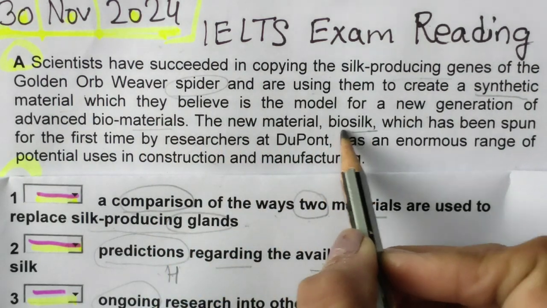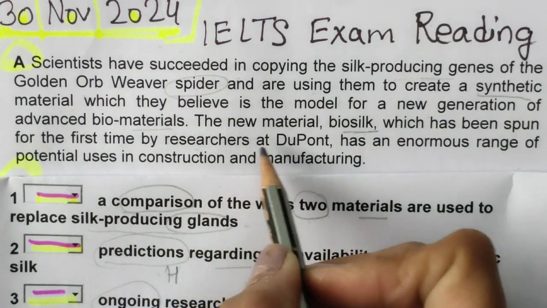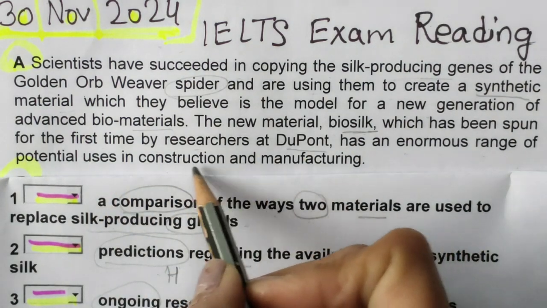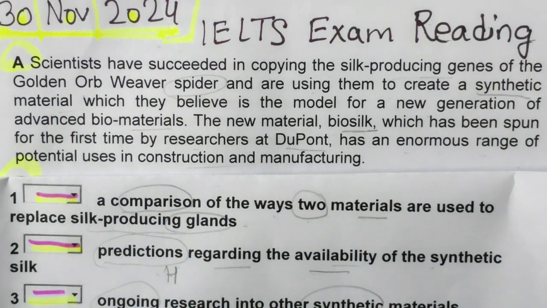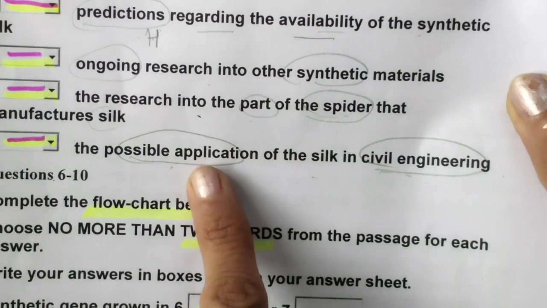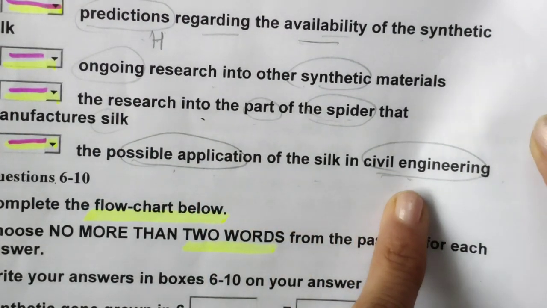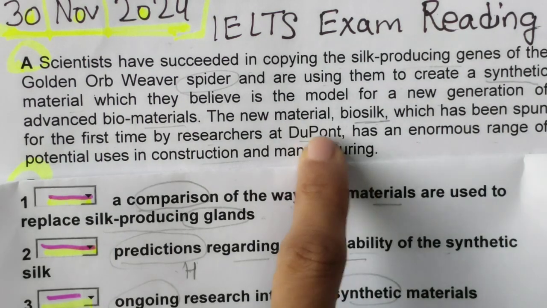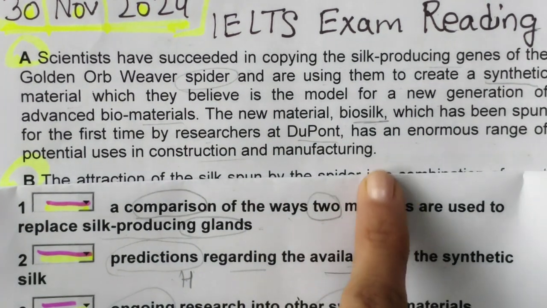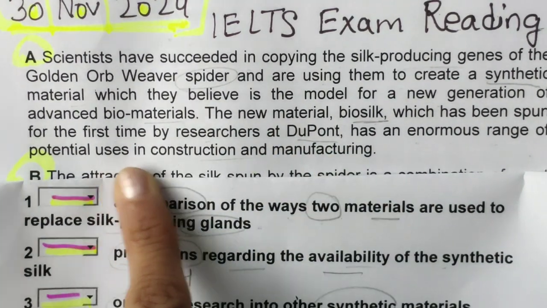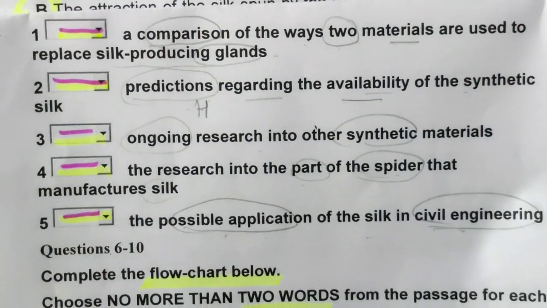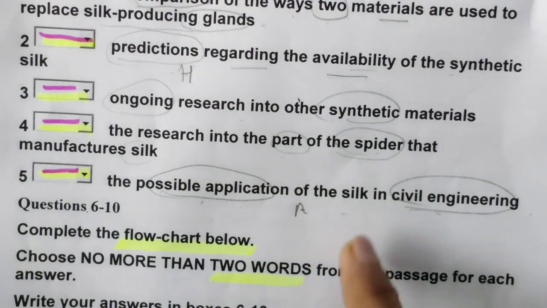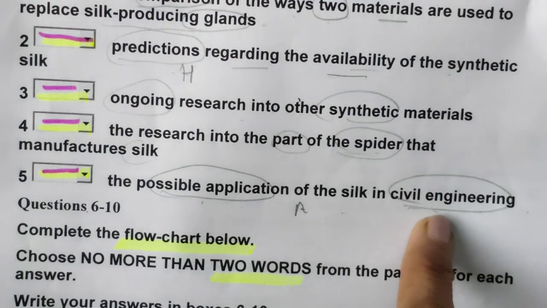The new material, which has been spun for the first time by researchers, has an enormous range of potential uses in construction and manufacturing. So construction and manufacturing, is engineering matching or not? Here they are saying enormous range of potential uses in construction. So initially we can put this A paragraph. Okay, if something is better than that we can change it.